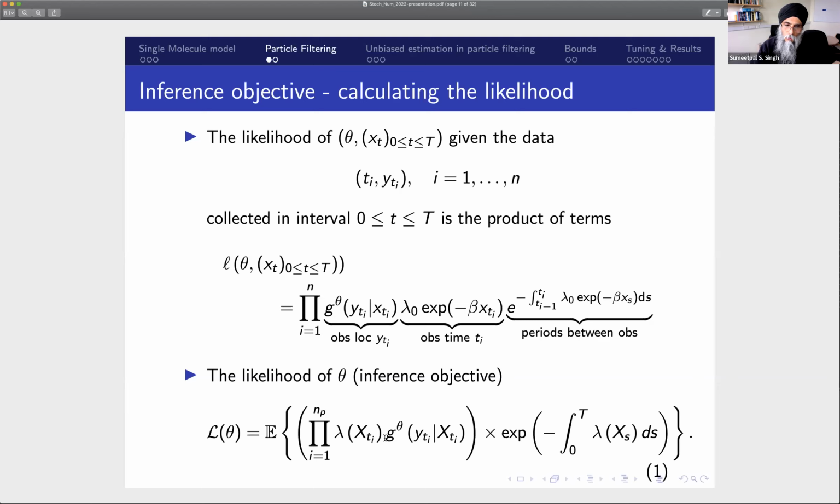And the product of these small path integrals, because there is one for each inter-arrival interval, you can actually combine into a single path integral from time zero to capital T. So we want to be able to compute this likelihood, and we can't evaluate it precisely because of this path integral. So we need to deal with this problem.